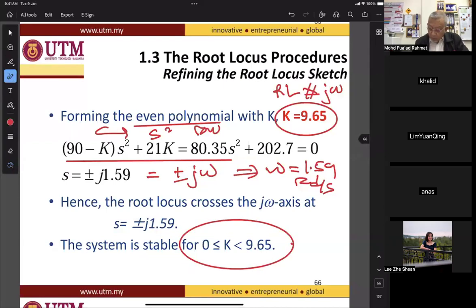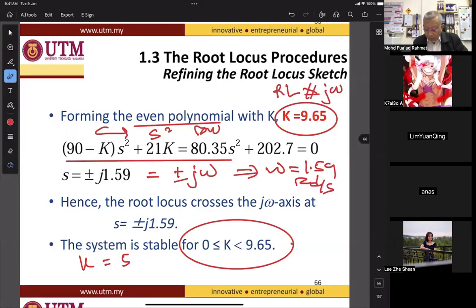So when K is equal to 5, Khalid. Okay. Yes, doctor. When K is equal to 5, what is the stability status? Stable? Yeah, it is stable.